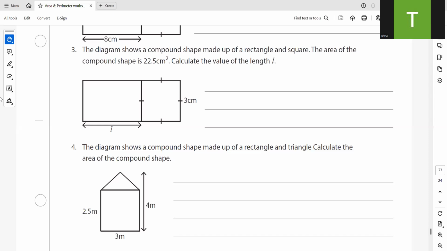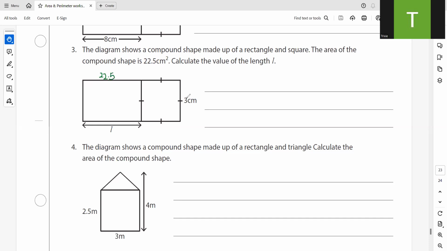Next, let us move to question 3 and question 4. Question 3. The diagram shows a compound shape made out of a rectangle and square. The area of the compound shape is 22.5 cm squared. Calculate the value of the length L. The whole shape is 22.5.